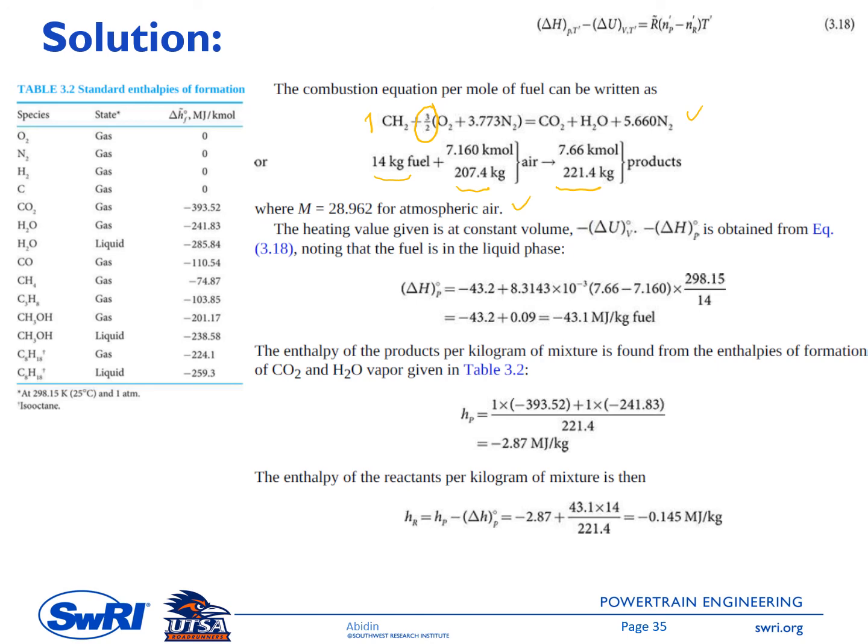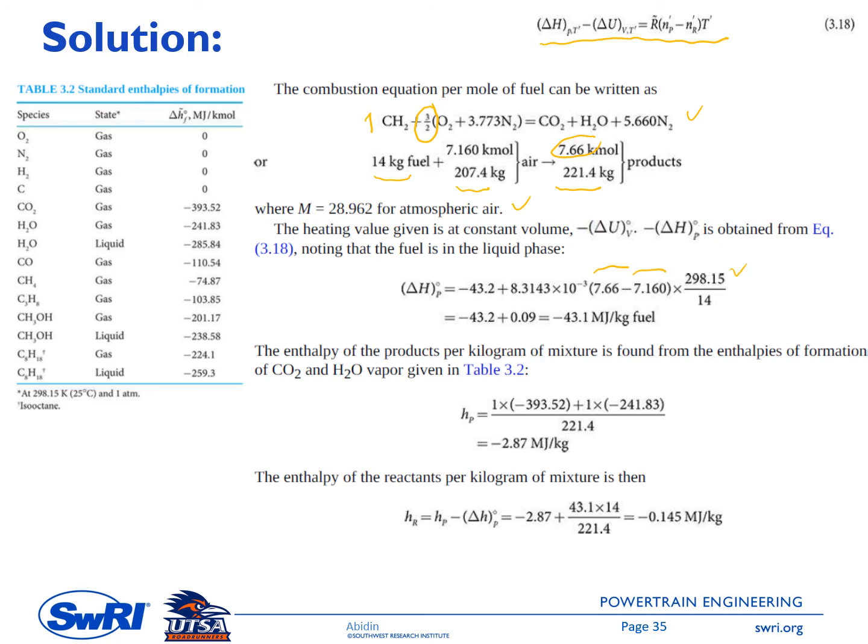In this case we use equation 3.18, that delta H equals delta U plus R times delta N times T. So this is the mole number for the product, and this is the mole number for the reactant, and then this is the temperature.